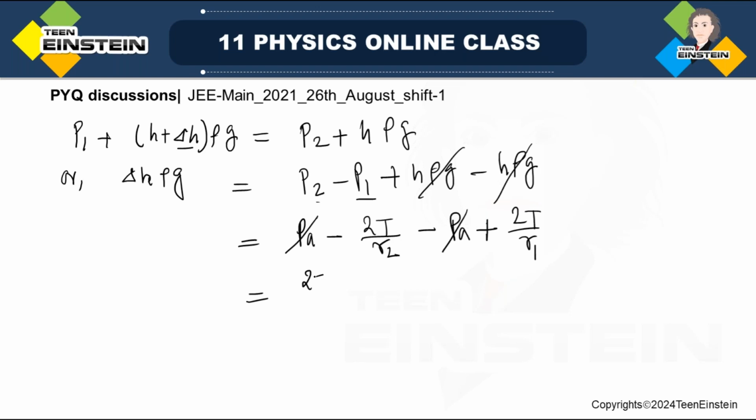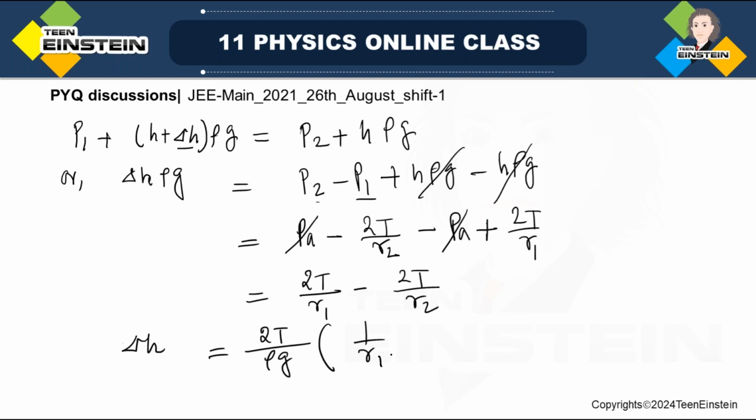So we get 2T by R1 minus 2T by R2. So delta H becomes 2T by rho G, whole into 1 by R1 minus 1 by R2.